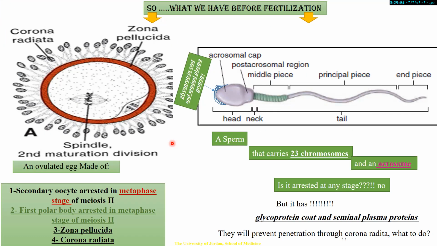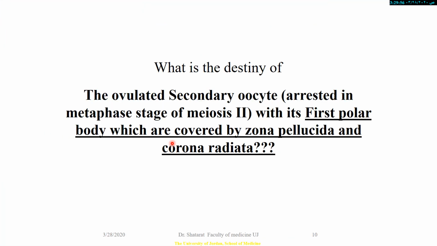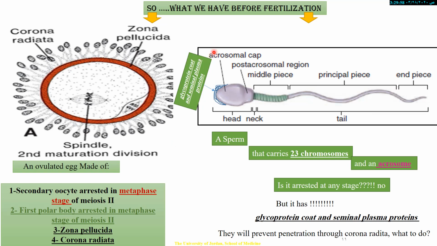Now let's go back to this drawing here. I told you that the sperm has a coat of plasma membrane.